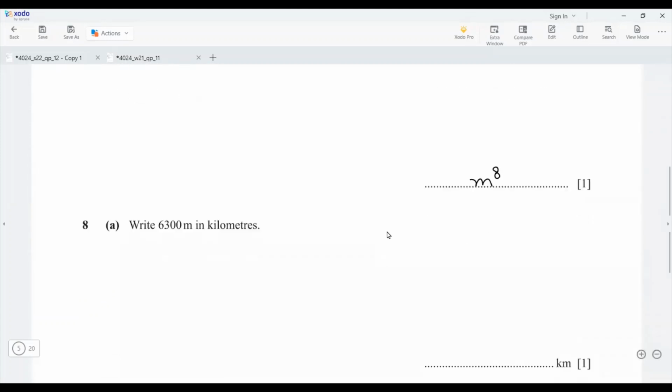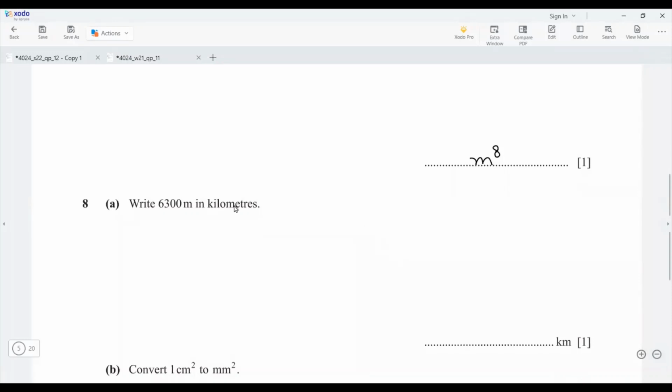So next is basically unit conversions. Like 6300 meters, we have to convert into kilometers. We must remember the conversion rate, that 1 kilometer is equal to 1000 meters. Meter is a smaller unit than the kilometer.